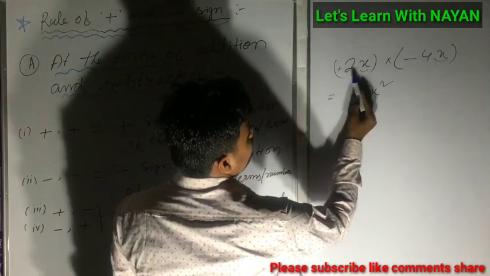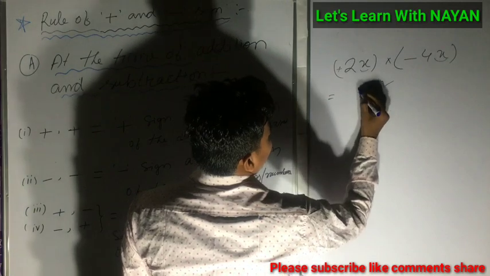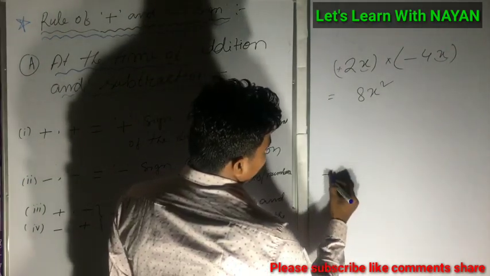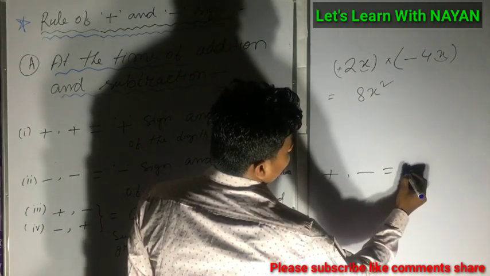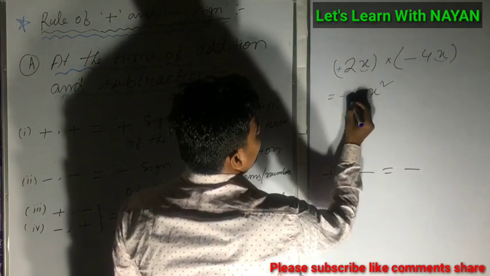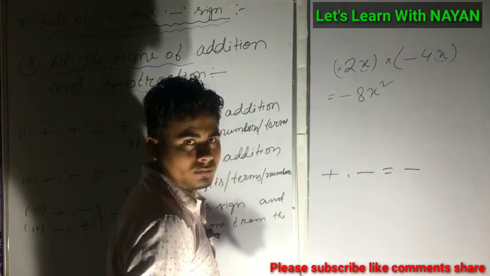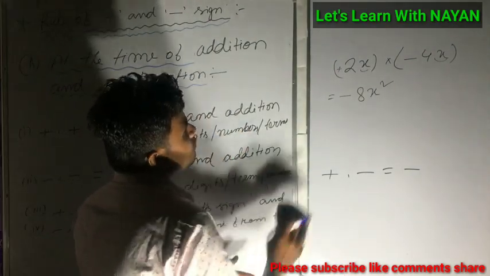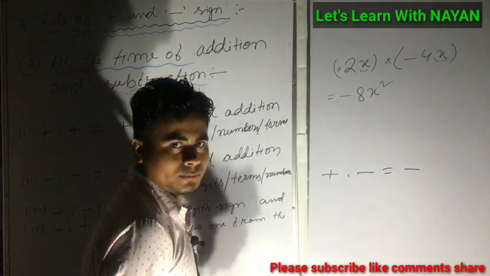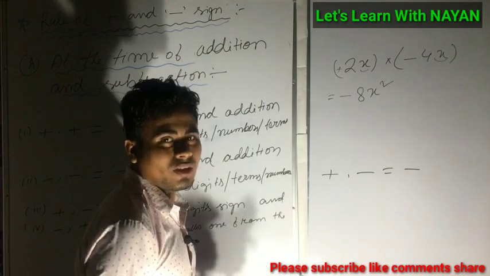And 2 into 4 becomes 8, and this plus and this minus: we know plus minus becomes minus. So minus sign will come. That way we will solve our problem, applying the formula.